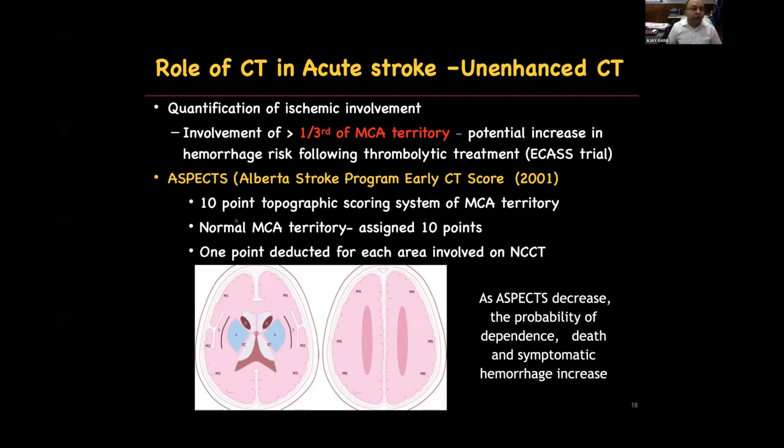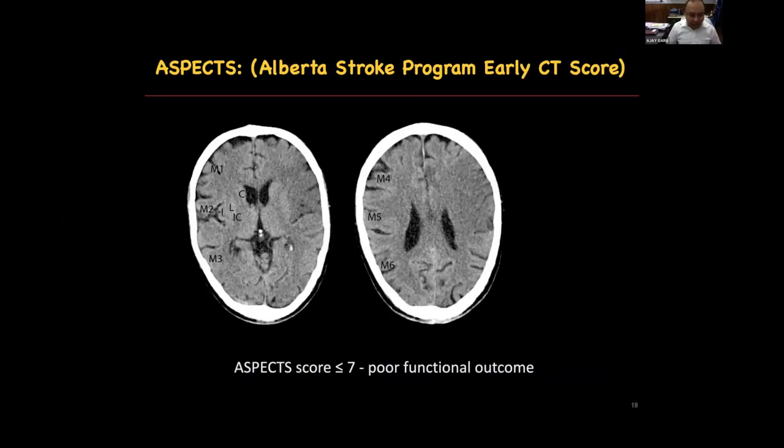If you look, the MCA is divided into two sections. One section is taken at the level of the basal ganglia, and the second is at the level of the supraganglionic region. We divide MCA into 6 cortical regions: M1, M2, M3 at the level of the basal ganglia, M4, M5, and M6 in the supraganglionic region.